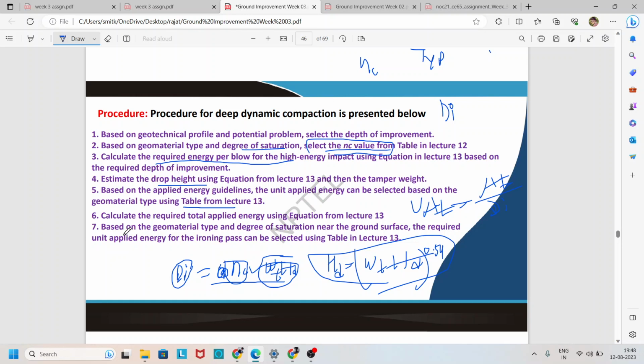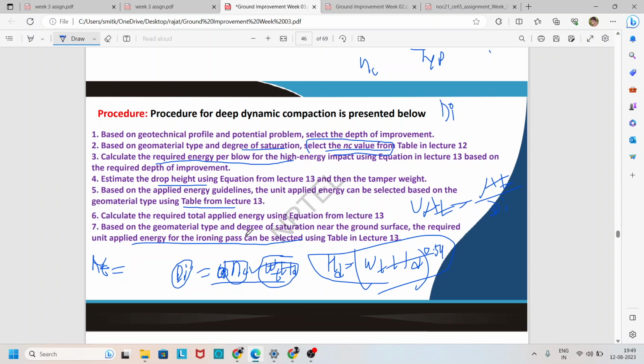So by that formula we can find out the total applied energy. After that, we calculate the unit applied energy for the ironing pass. That means we know that total applied energy is equal to the applied energy for heavy tamping pass plus applied energy for ironing pass.